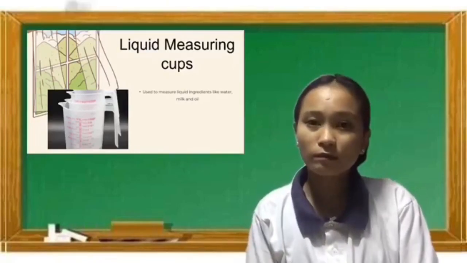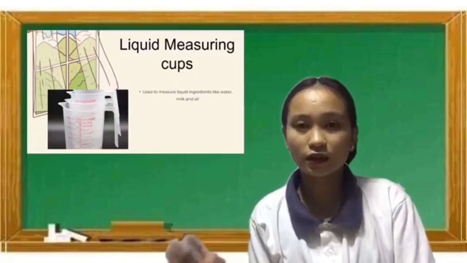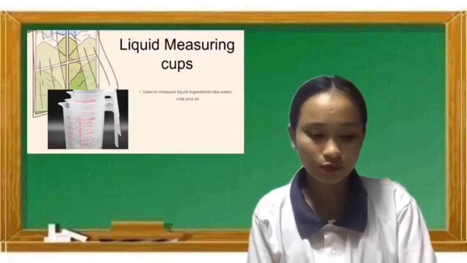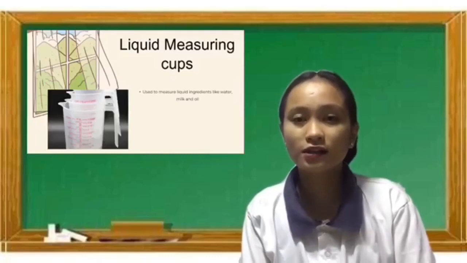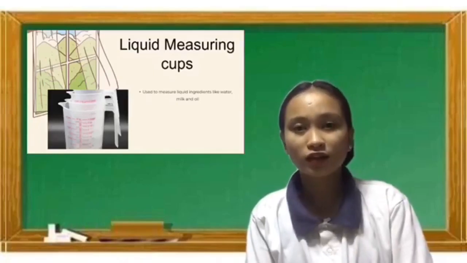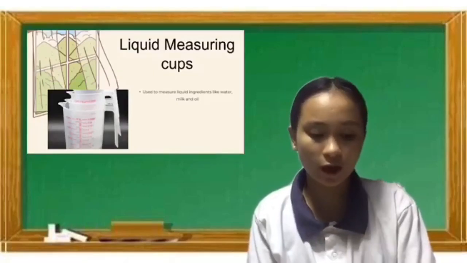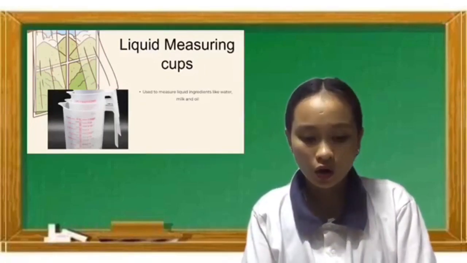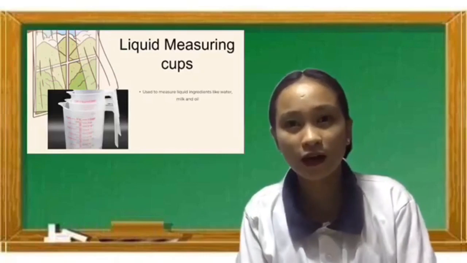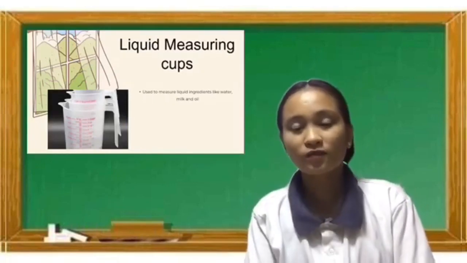So, liquid measuring cups, class, come in all sizes, materials, and forms. The traditional liquid measuring cups have sizes 1/3 and 1/4, and are marked in ml or ounces.